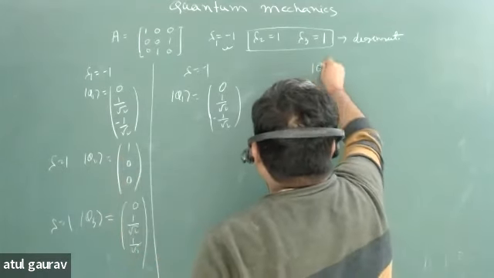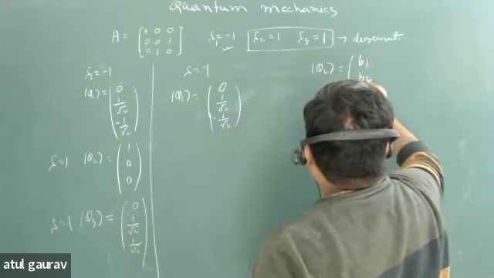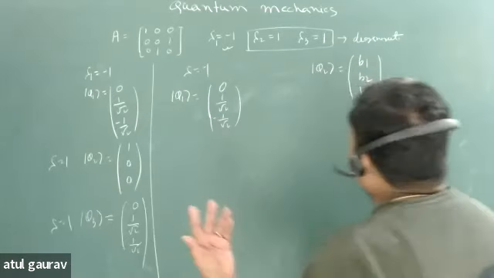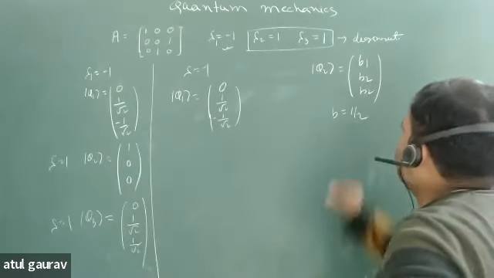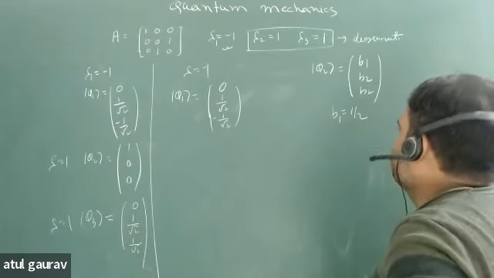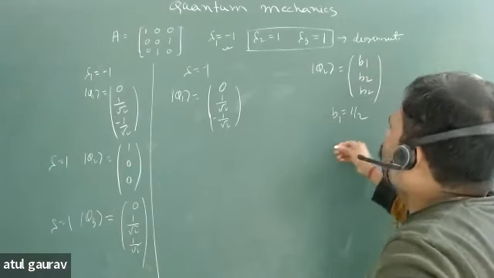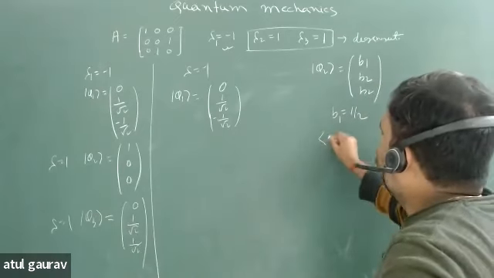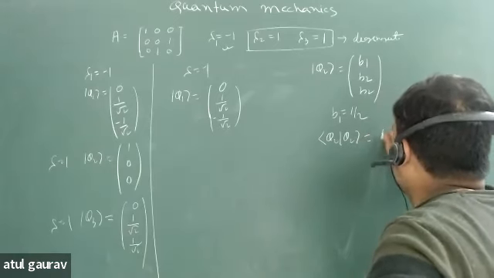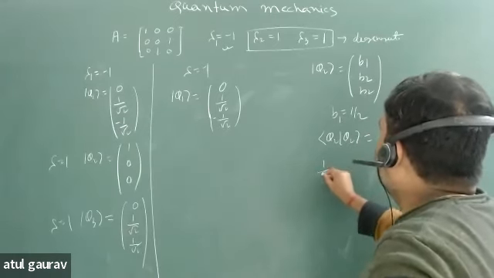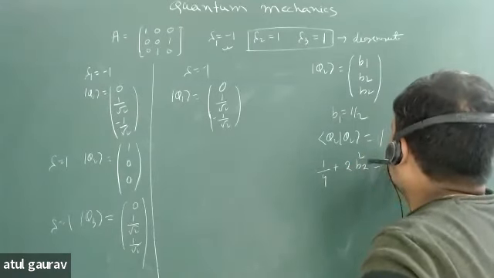Now I just want to find the next phi 2 other than this. So what should be the nature of phi 2? B1, B2, B2. So can I choose B1 is equal to half? I can choose. So I have to find the value of B2. The value of B2 can be easily found with the normalization condition. So phi 2 must be normalized, and from here you have 1 by 4 plus 2 times B2 squared is equal to 1.